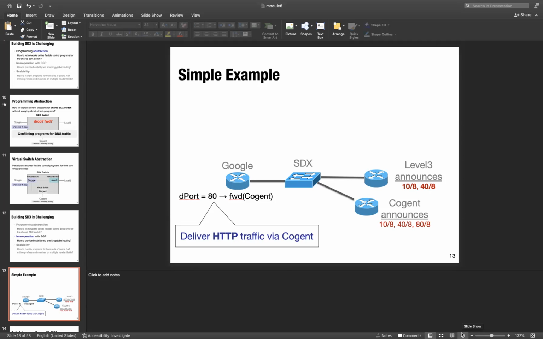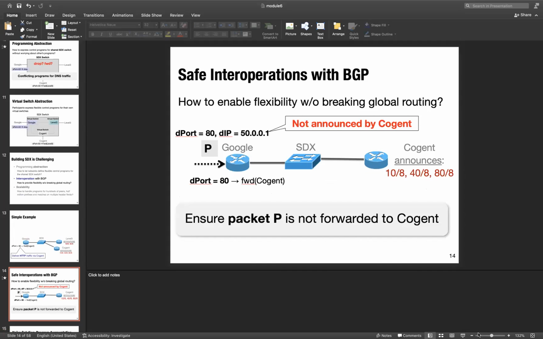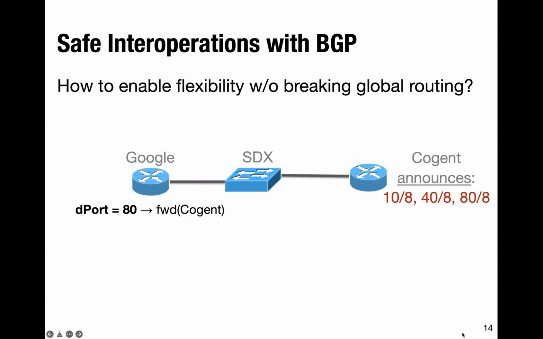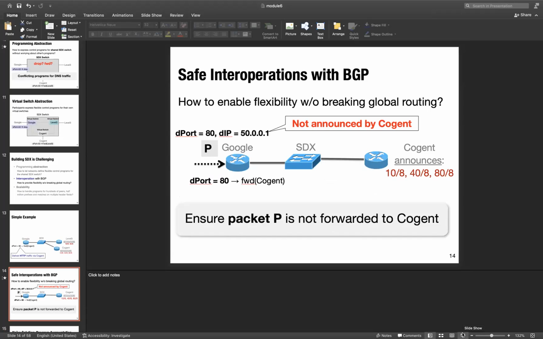Now, what is the challenge here? When I say we have to ensure safe interoperation with BGP, we have to make sure that when we receive a packet with destination port 80 and destination IP 50.0.0.1, this packet does not go to Cogent. Cogent advertised three prefixes, 10/8, 40/8, and 80/8, and the IP address of this packet, 50.0.0.1, does not match any of them.